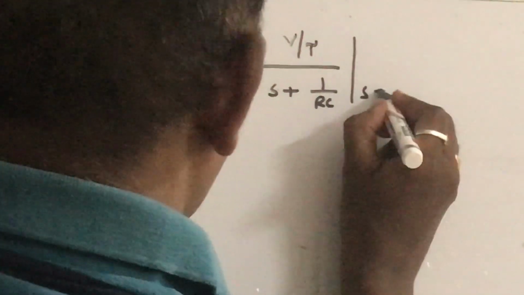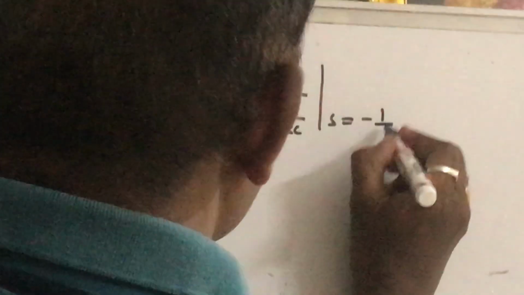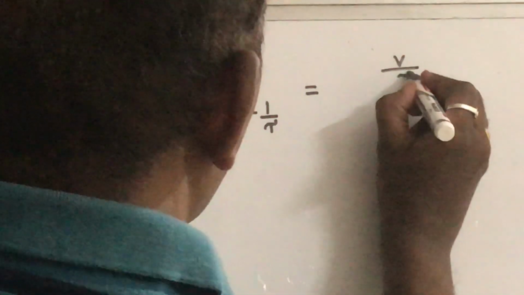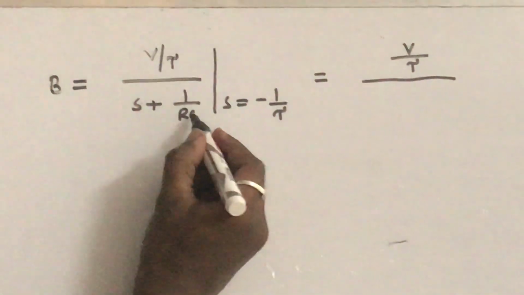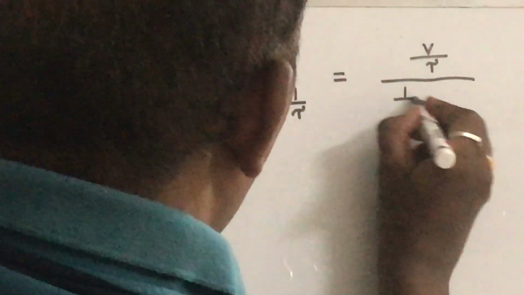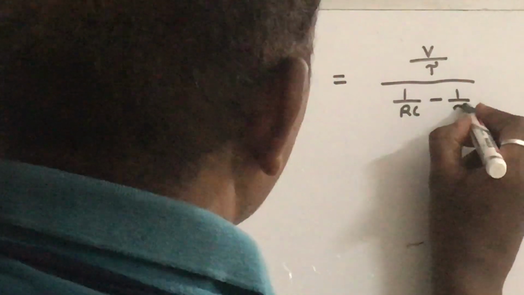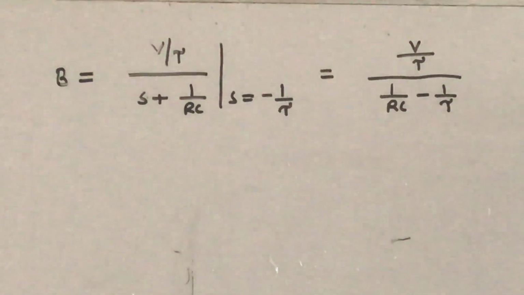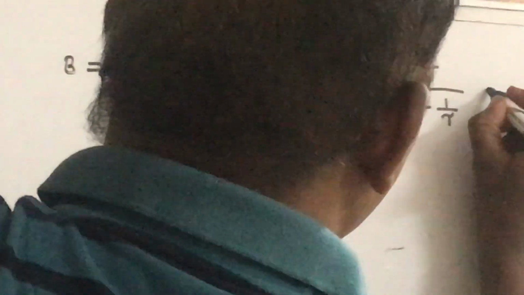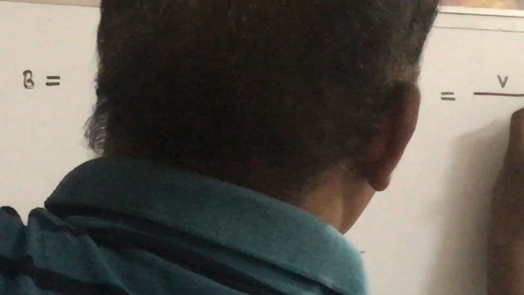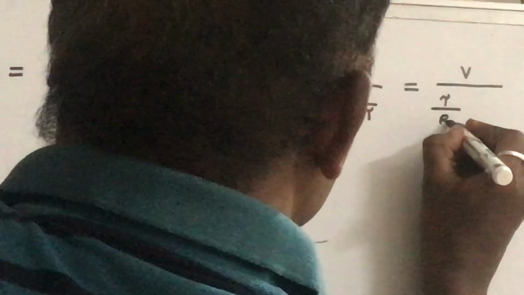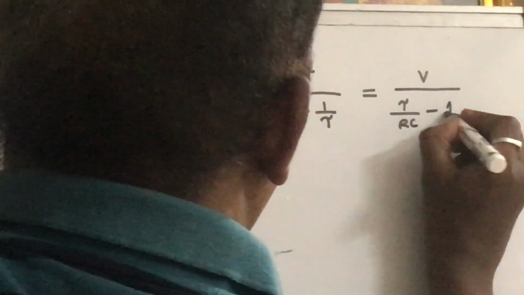Substitute s is equal to minus 1 by tau in a similar manner. So V by tau divided by, substituting here, we get 1 by RC minus 1 by tau. So multiply numerator and denominator by tau. So we get V by tau by RC minus 1.